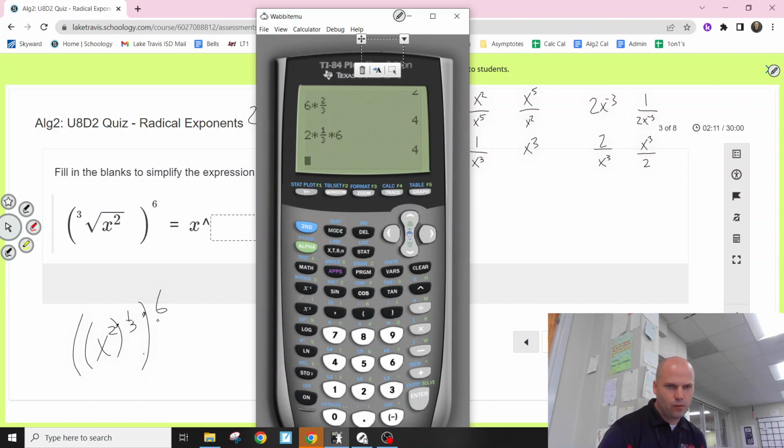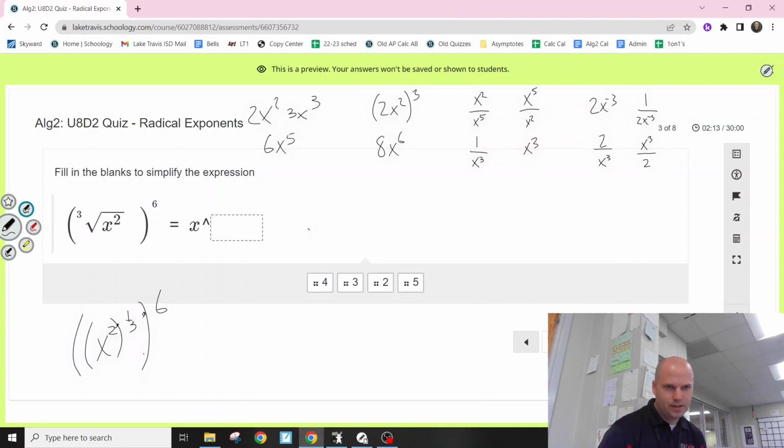And you get x to the 4th. That's the answer. If you wanted to split this up and do this first, which is x to the 2/3, and then multiply by 6, that's fine. It's up to you. You can do it all at once. You can split it up and do a couple pieces at the same time. It'll work.